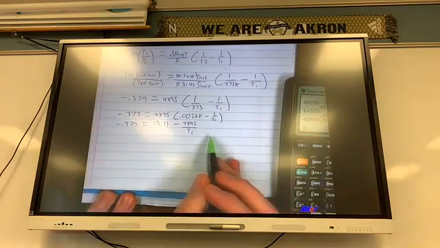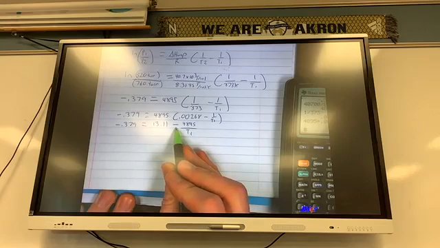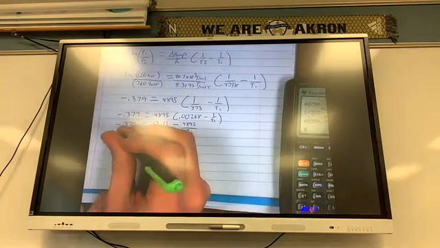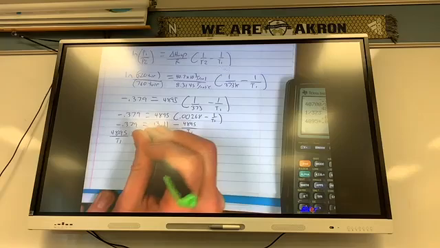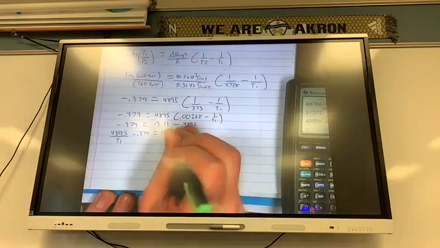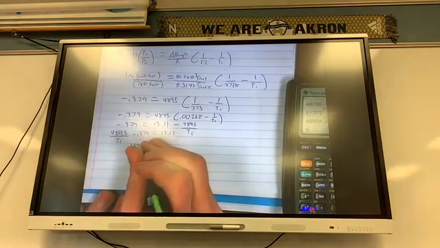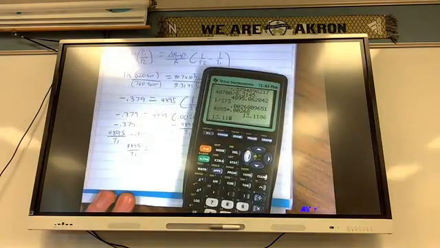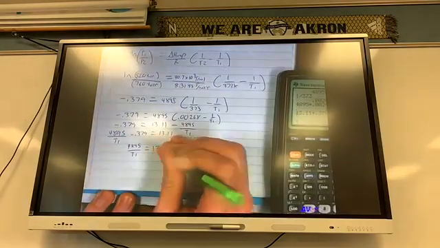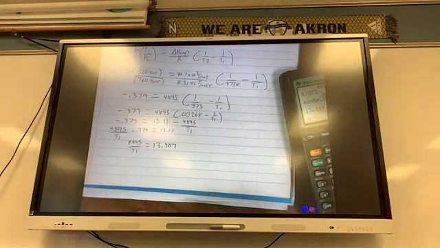I'm going to add this to both sides, showing all my steps: 4895 over T1 minus 0.379 equals 13.11. Now I'm going to add 0.379. So 4895 over T1 equals 13.11 plus 0.379, which gives me 13.489.